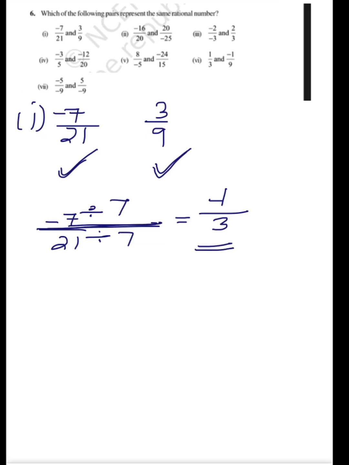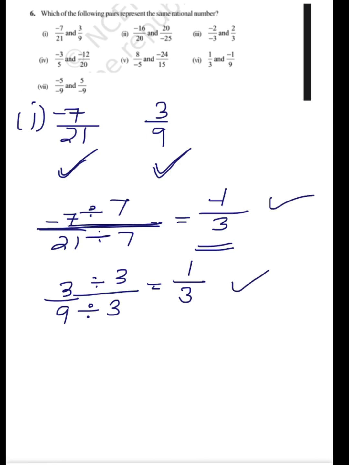Now what about 3 by 9? Suppose I am dividing it with 3 since it's the HCF of 3 and 9. Then what will you get? You will get 1 by 3. So this is minus 1 by 3 and this is 1 by 3. So minus 1 by 3 is not equal to 1 by 3, which means they do not represent the same rational number.